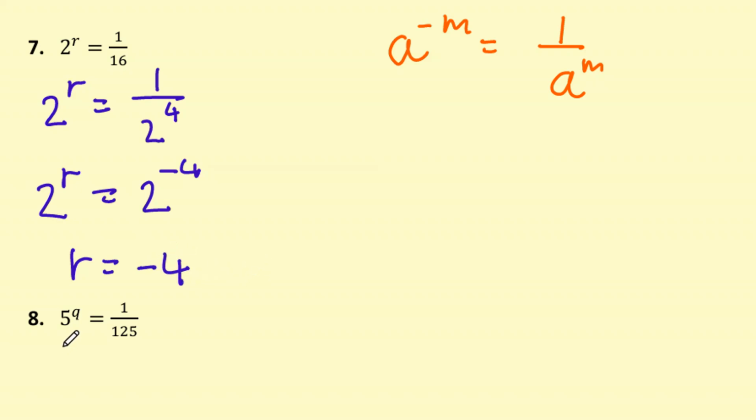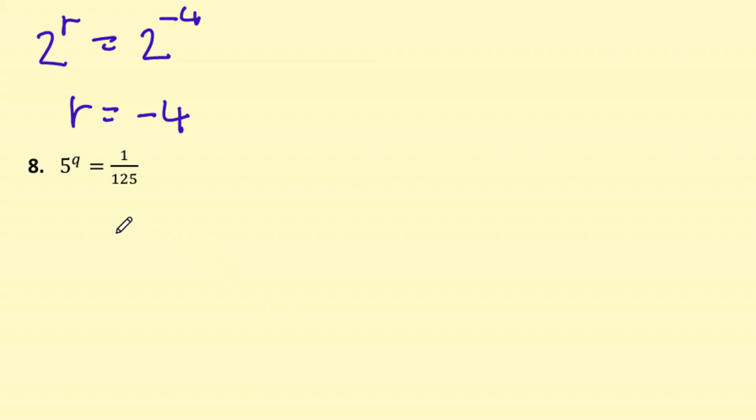Then in number 8, we have 5 to the q equals 1 over 125. We're first going to rewrite the right-hand side using prime factors. 125 is 5 cubed. So we have 5 to the q equals 1 over 5 cubed. We want the bases to be the same.